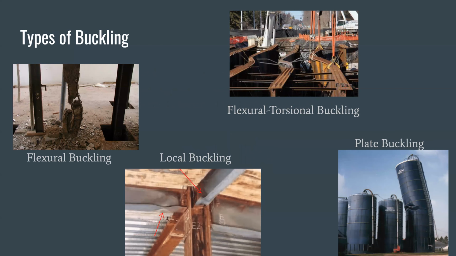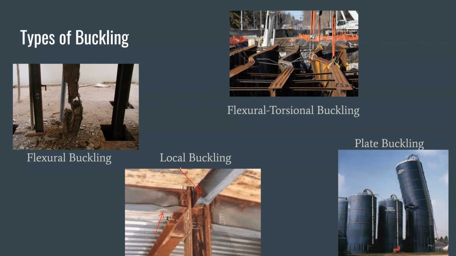So the different types of buckling that can occur on various parts, the first one being flexural buckling. It's where a member can flex side to side. In the figure on the left side, you can see that there's a structural beam for a building that has flexed to the side.